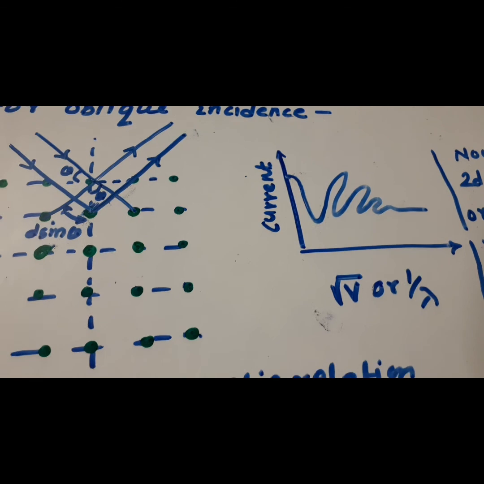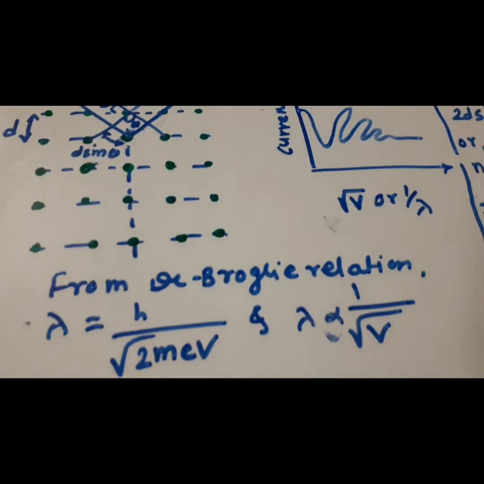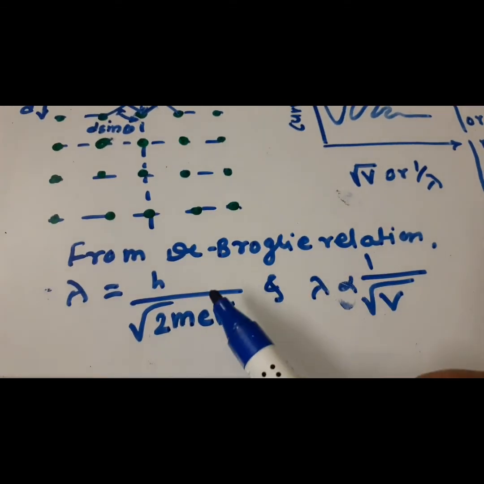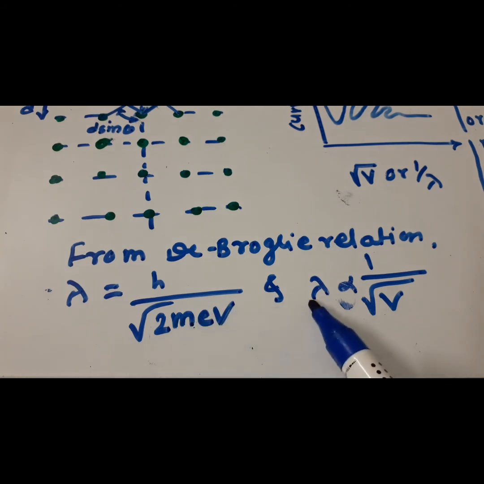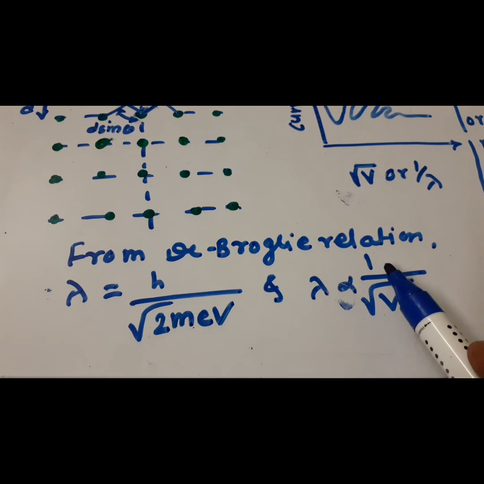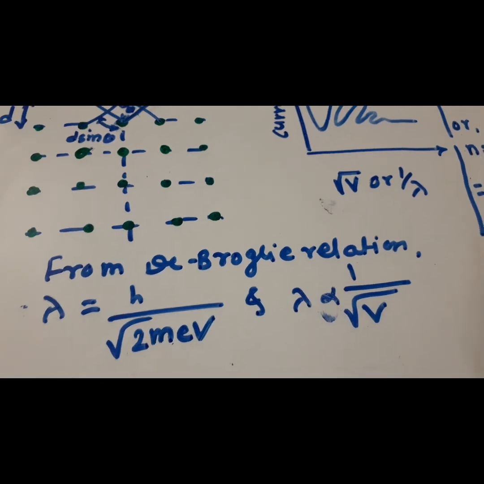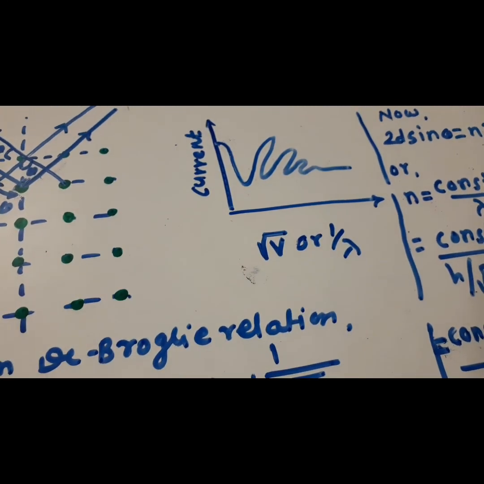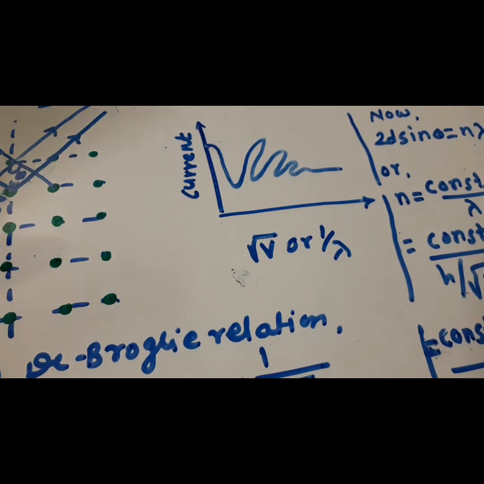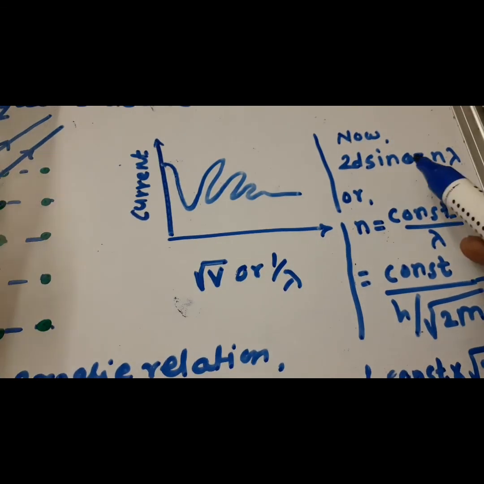Therefore, from this figure and the de Broglie relation, lambda is equal to h upon root of 2meV. But lambda is proportional to 1 upon root of V. We know that 2d sine theta is equal to n lambda.